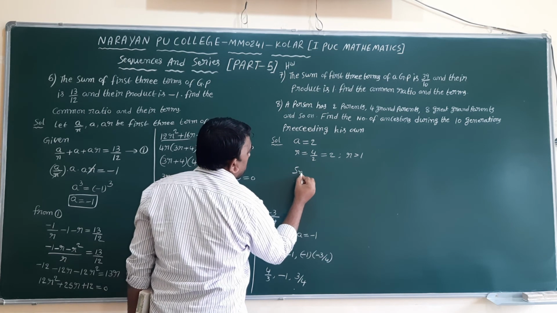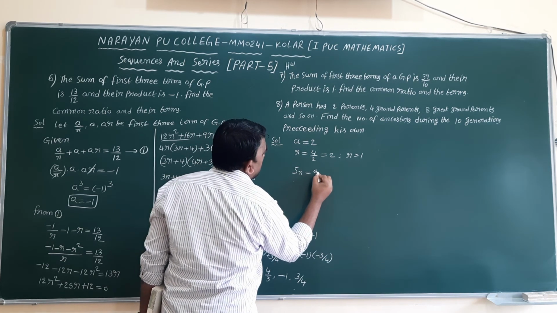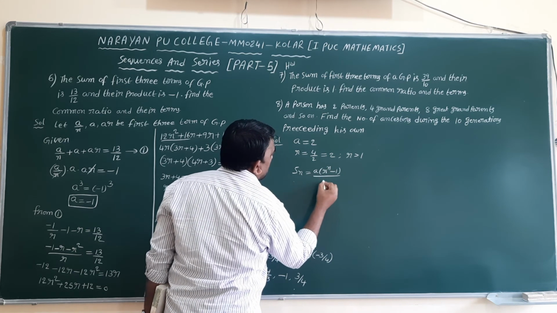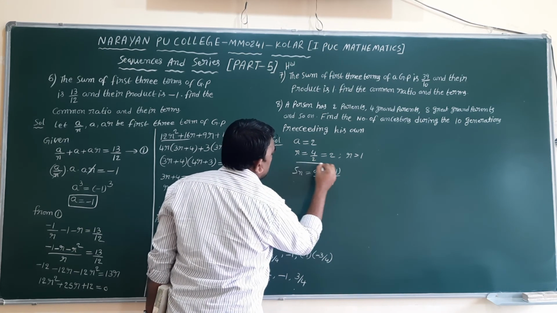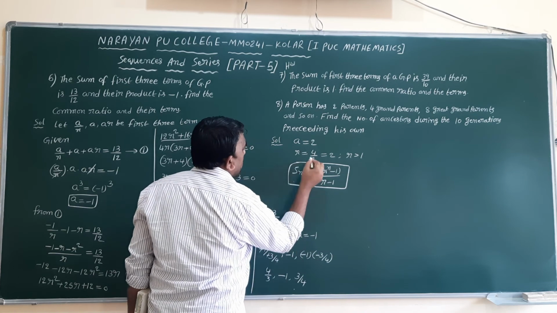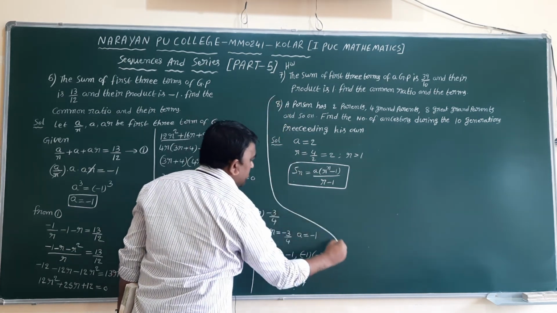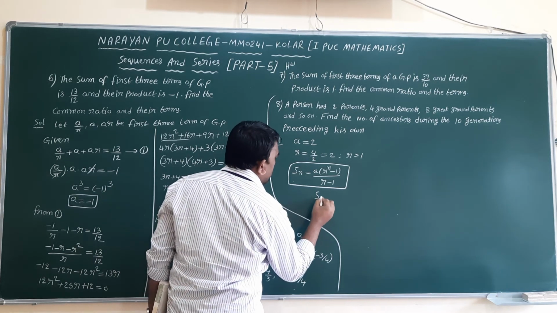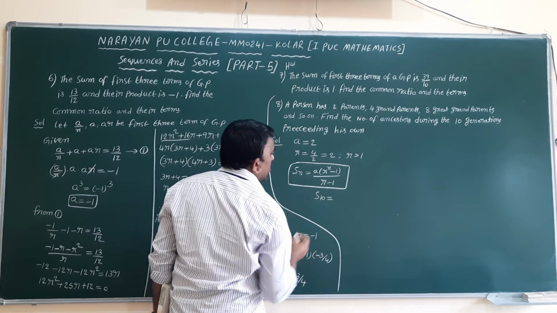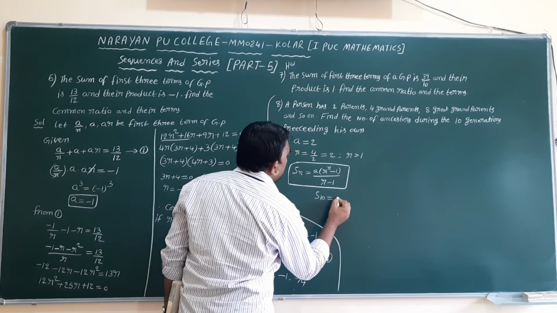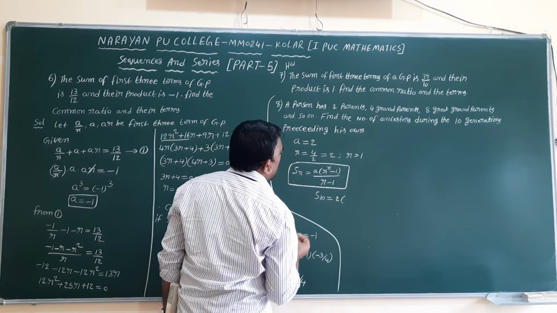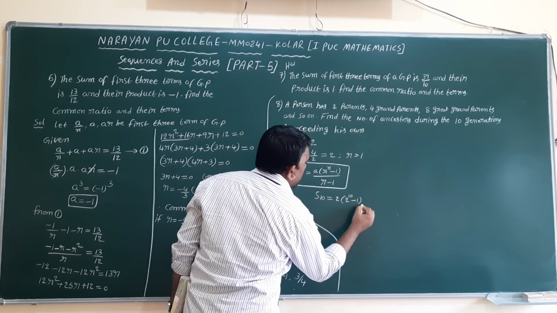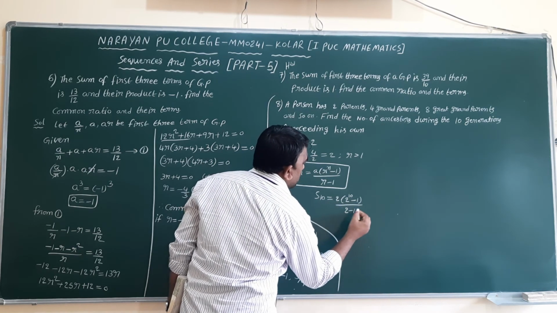The Sn formula, for r greater than 1, is a into r power n minus 1 divided by r minus 1. But we need the 10th generation: S10 equals a value 2 into 2 power 10 minus 1 divided by 2 minus 1.